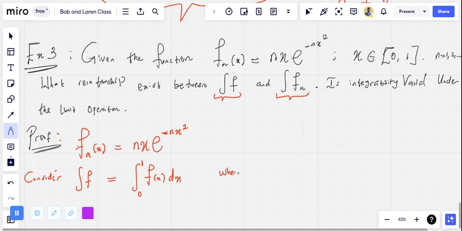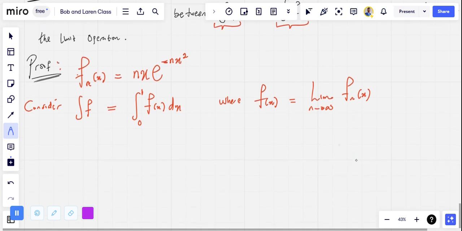It is believed that f(x) is equal to the limit as n tends to infinity of f_n(x), right? This is a definition that we already knew. And this is equivalent to the limit as n tends to infinity of f_n(x), which is already given to us as n x e^(-n x²).